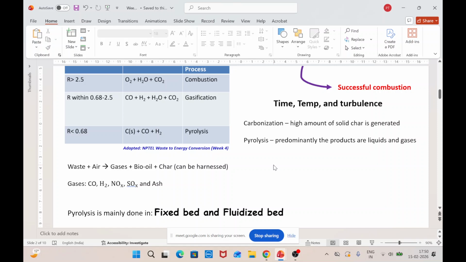How does high energy density help the combustion or gasification or pyrolysis process as such? Or you can say, how does the increase in energy density help me as an engineer?